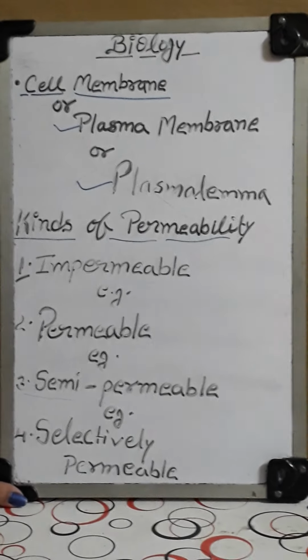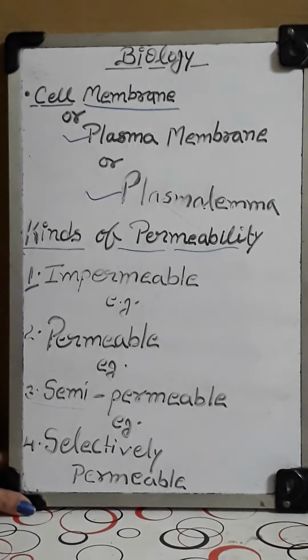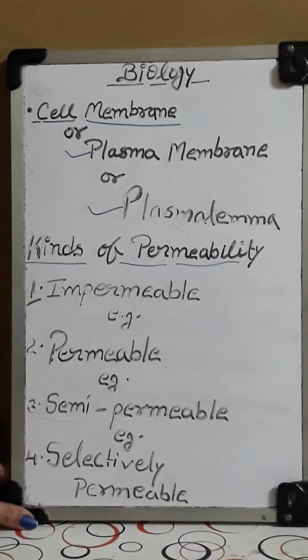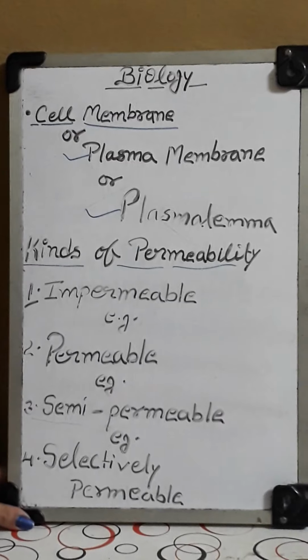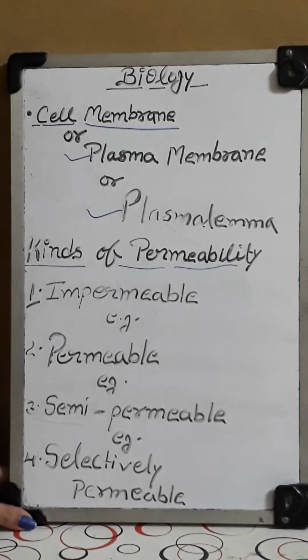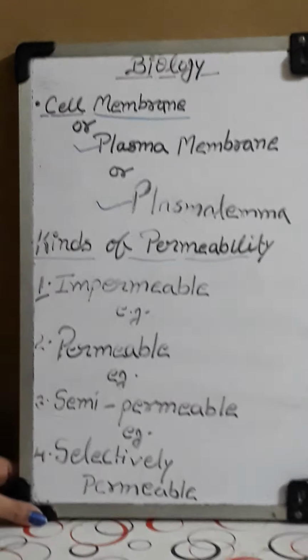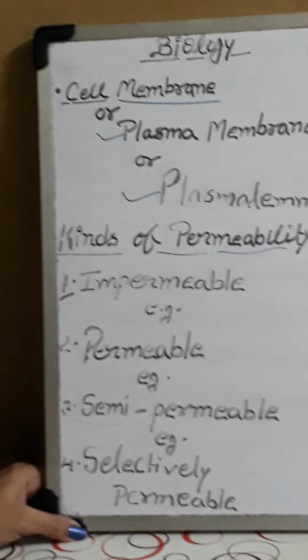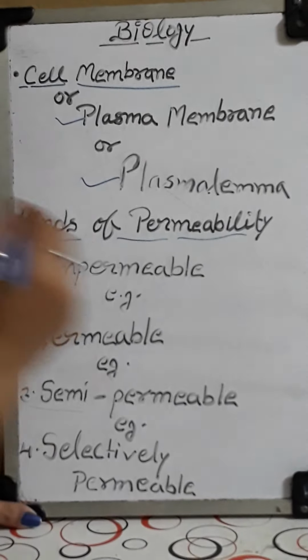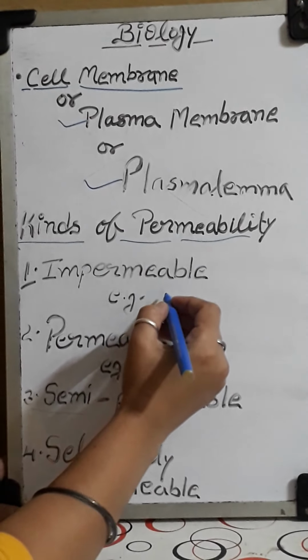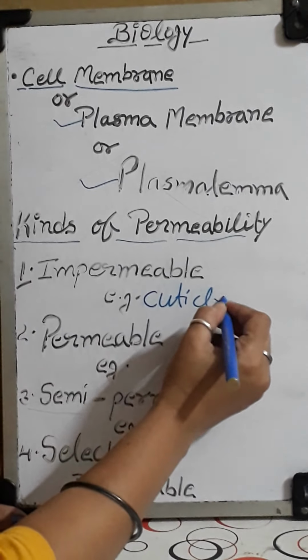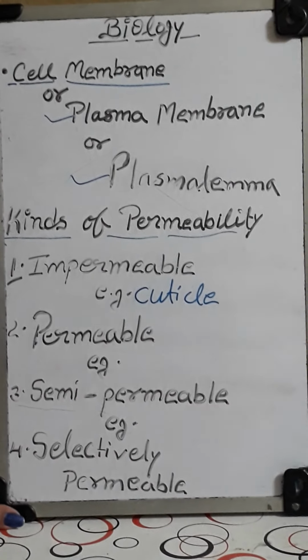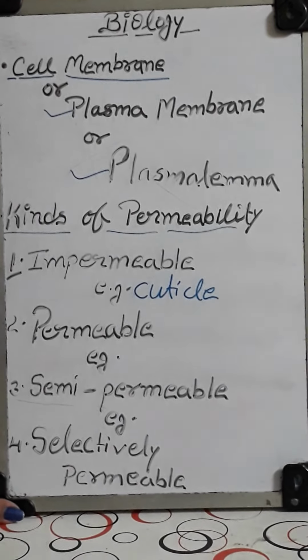If a membrane does not allow both solute and solvent molecules to pass through it, then it is called impermeable. What could be the best example of impermeable? The best example is the cuticle.